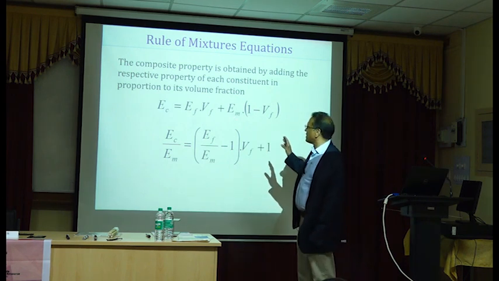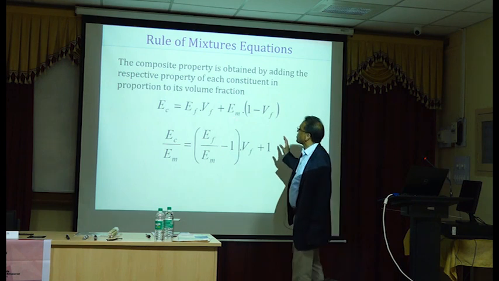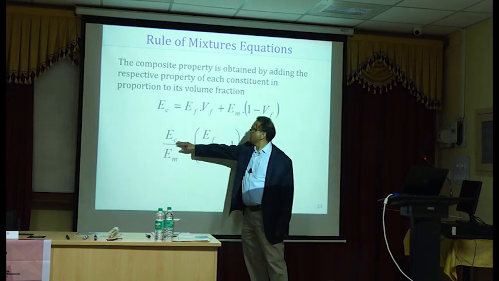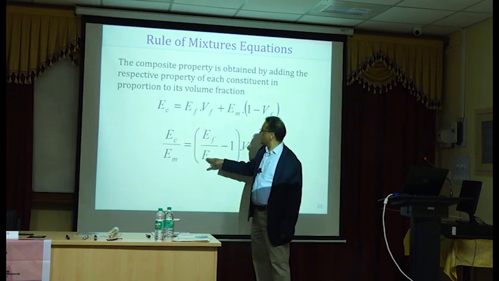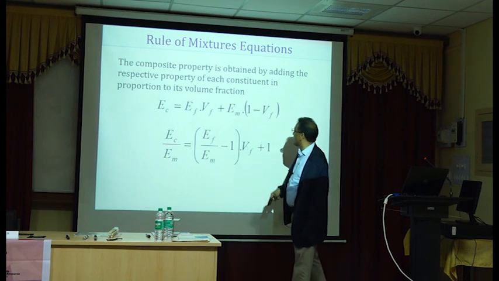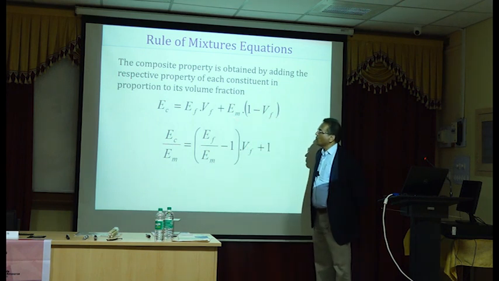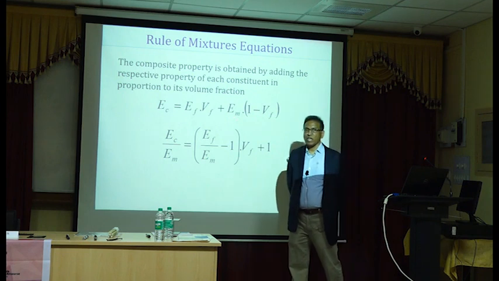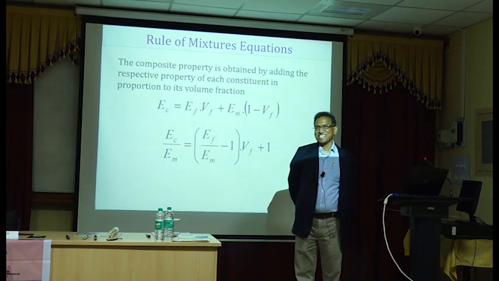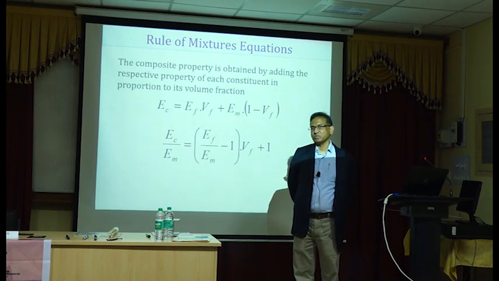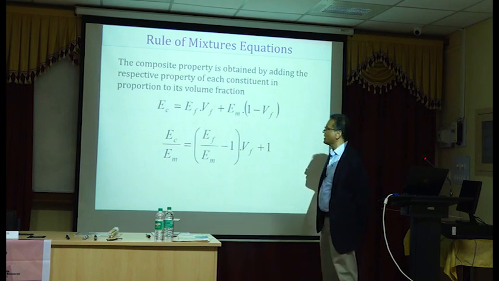So the modulus of the composite is equal to EC over EM equals EF over EM minus 1 times VF plus 1. So now what we did was, we are just working with proportions, not real numbers. It's only the ratio of the modulus of elasticity of two materials.